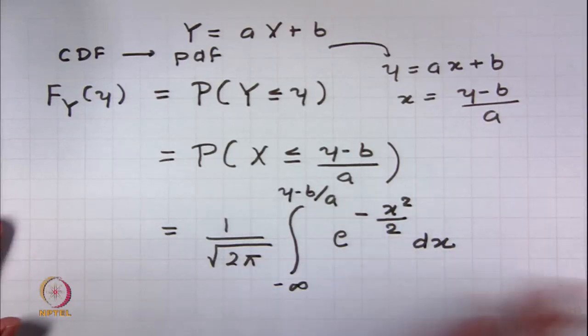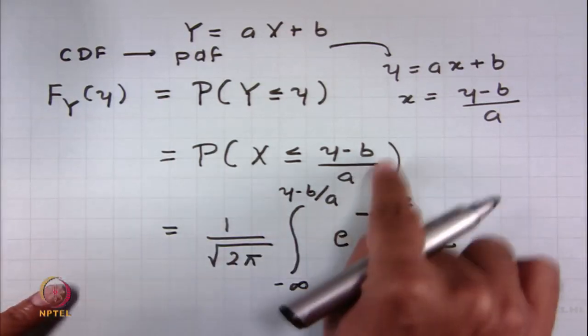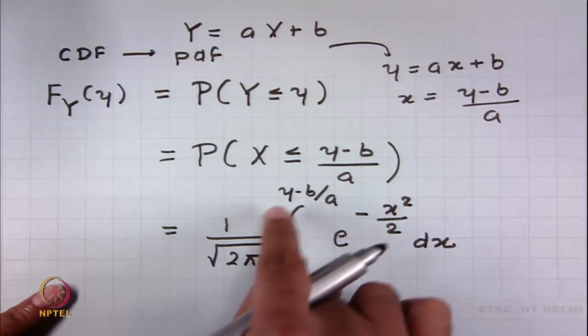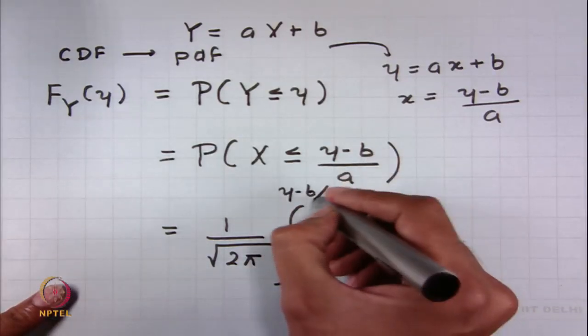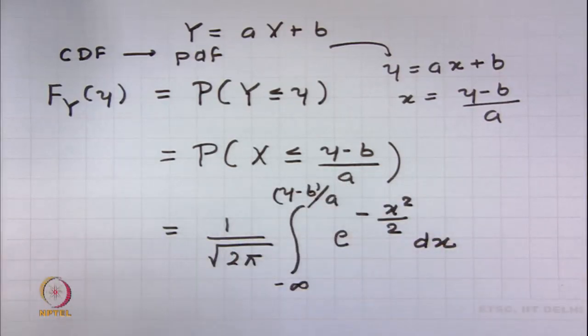All right. So, this is the probability that a random variable x takes in a value less than (y minus b) by a. So, we have to integrate from minus infinity to (y minus b) by a, this is in bracket. Okay. So, let me write this again.